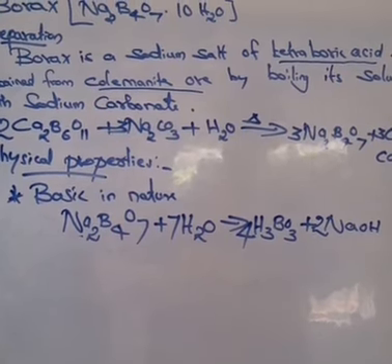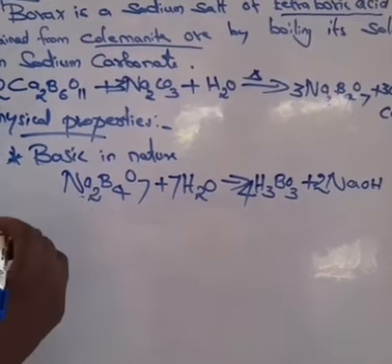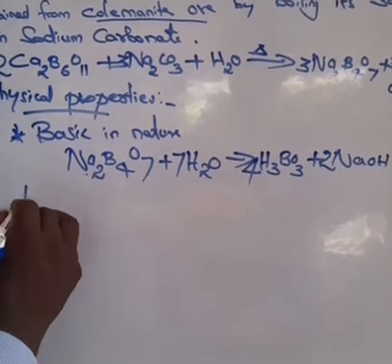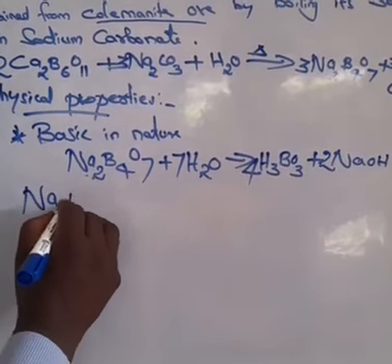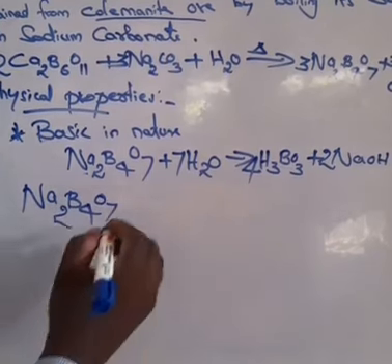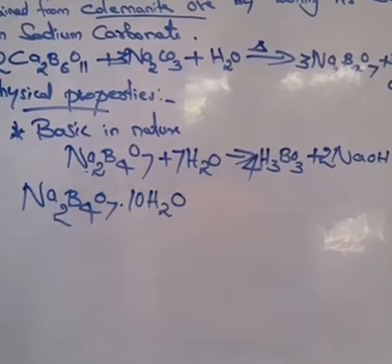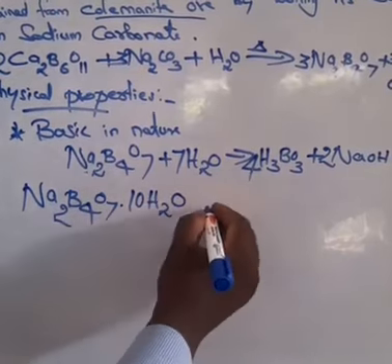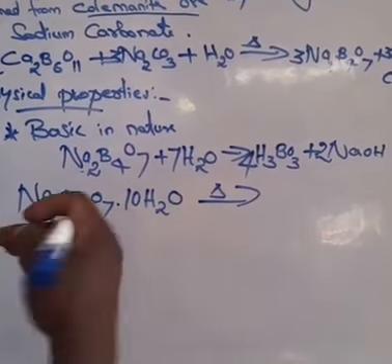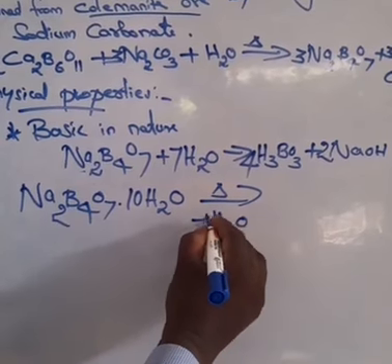on heating borax, it forms transparent borax beads. Borax on heating, what is the formula for borax? Na2B4O7, and we are taking 10 molecules of water. On heating, what is happening here? The 10 molecules of water are leaving out, minus 10 H2O.